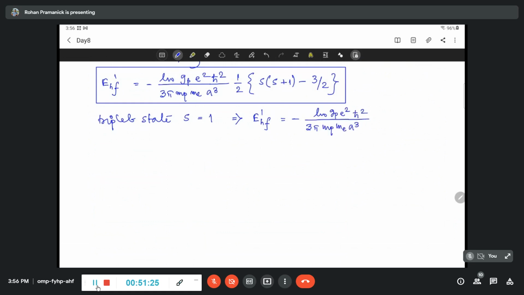So then 1 times 2 is 2, 2 minus 3 by 2 is 4 minus 3 by 2, that is half, 1/4.